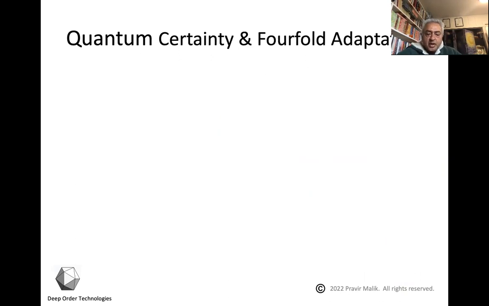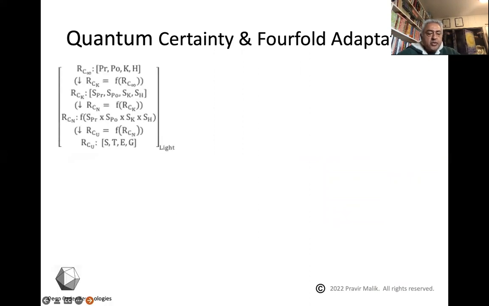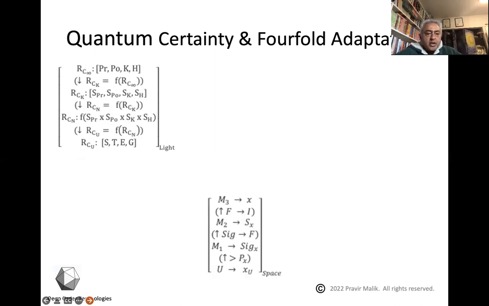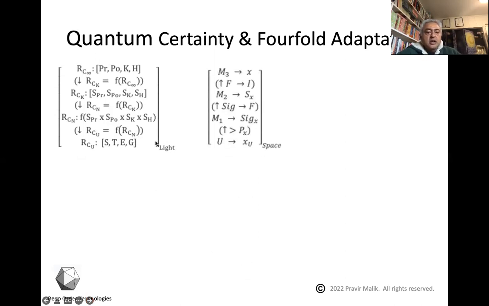Now, coming to the idea of quantum certainty and fourfold adaptation, we start with this matrix of light.